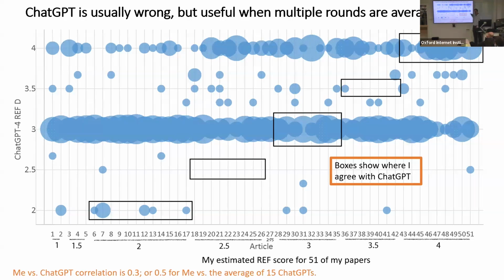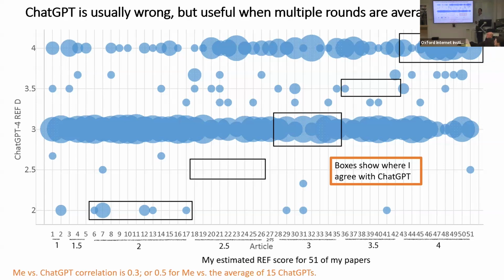Once you average them, the correlation goes up to 0.5. So that's a modest correlation, but a much better one. 0.5 is a correlation that you can work with for this type of data. So it goes from being theoretically interesting at 0.3 to actually practically useful at 0.5.